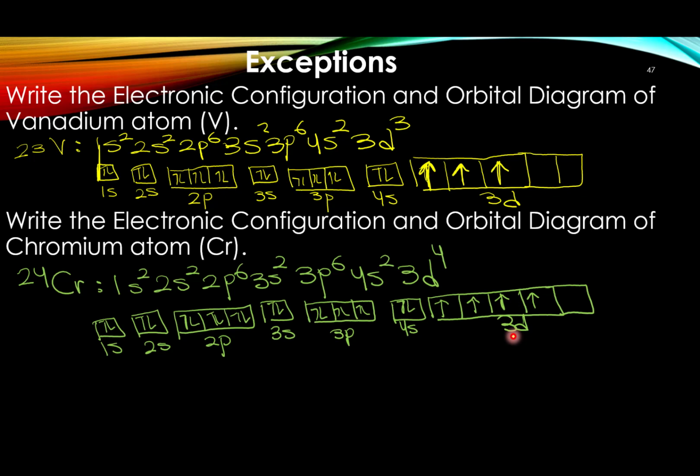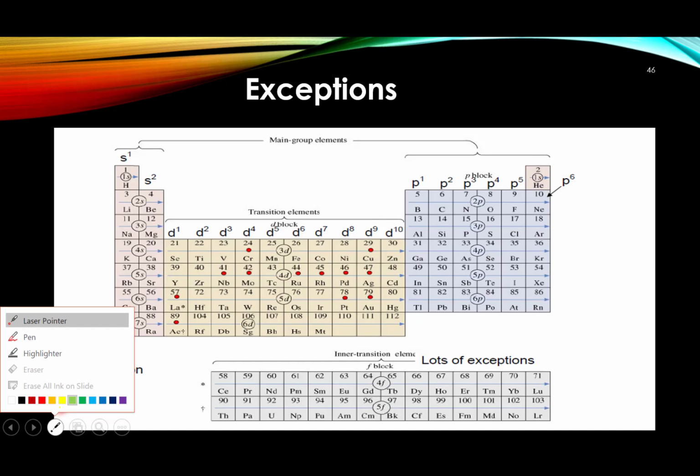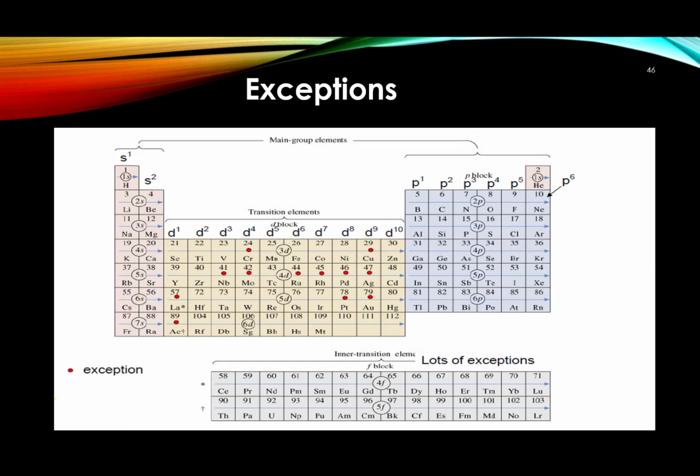The exception says, let me write it down here. Based on the exception, half full d orbitals or completely full d orbitals are favored.